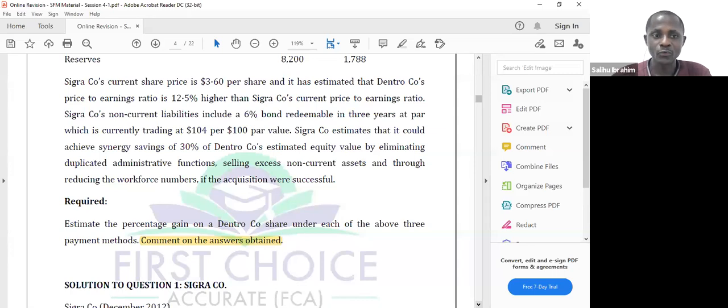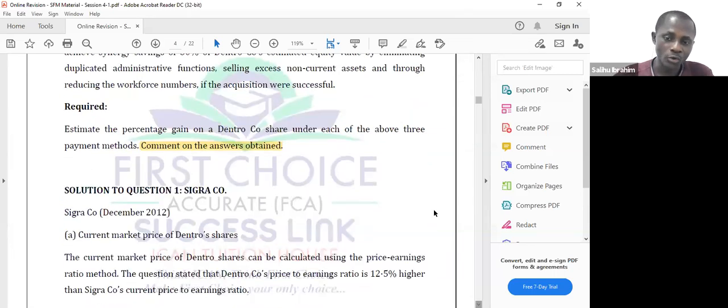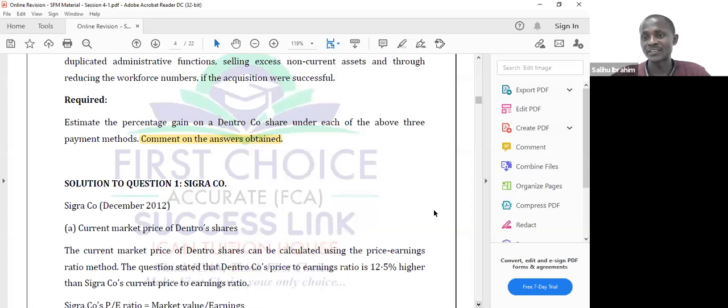So what about the bond? For the bond, to Dentroco, they are certain as to their income on the debt. And also, just like what we have under share exchange, they avoid capital gains tax instantly.